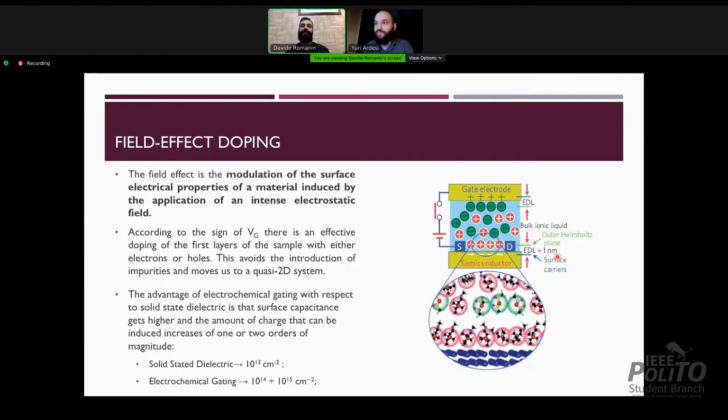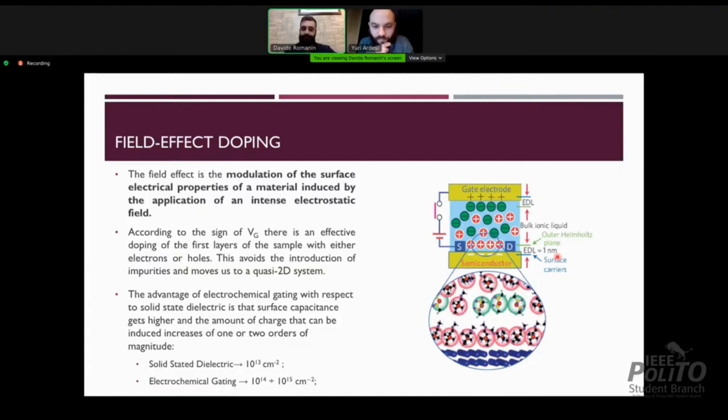This quantum capacitance of the material reduces the effective capacitance of the total system, and if I reduce the capacitance, then I reduce the amount of charge that I can accumulate. So if we can find a way to overcome this issue, then in principle we can achieve higher induced charge densities.